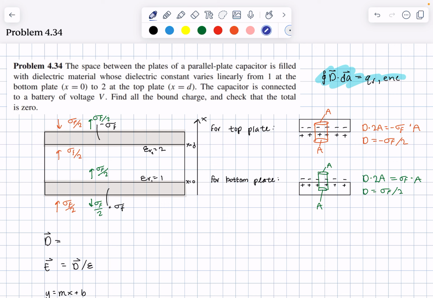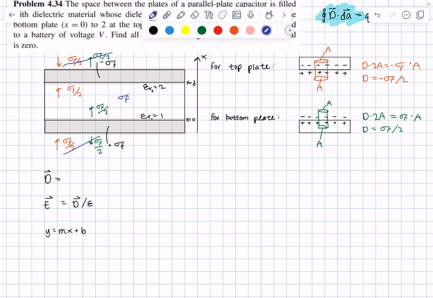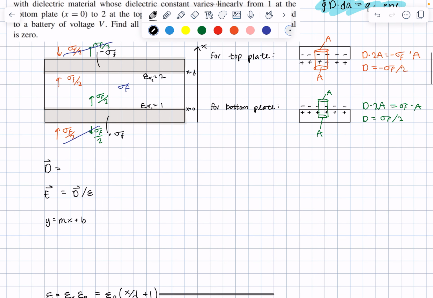And you can pretty easily tell that these on top and on bottom will be canceling, and then in the middle, they will add up to have our displacement vector of just the free surface charge density.